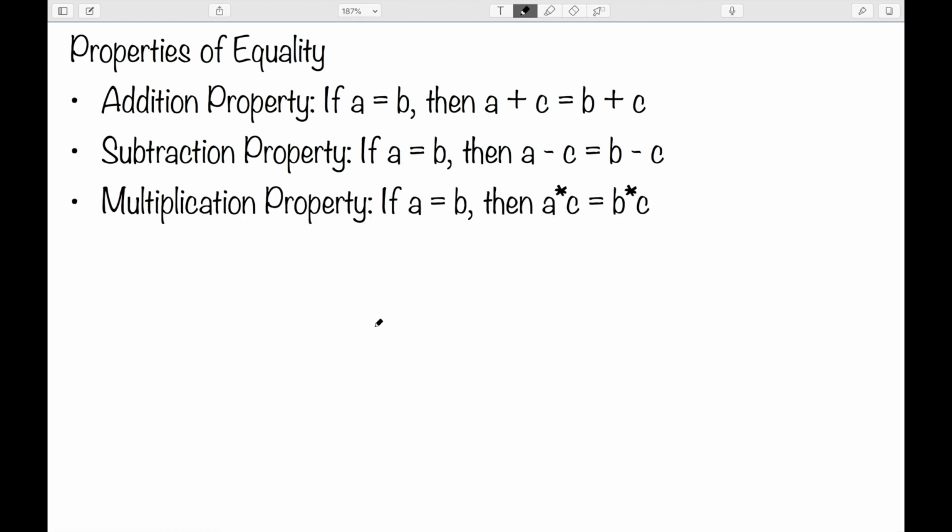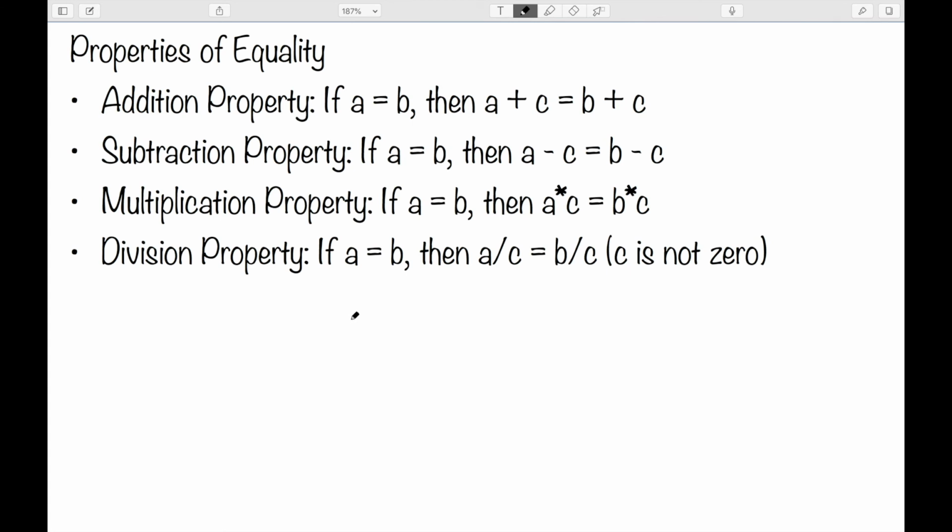The multiplication property, if A is equal to B, then A times C is equal to B times C. So I can multiply both sides of an equation by the same number. If I know I have 2 toys, and I know you have 2 toys, and I know I have 3 bags full of 2 toys, and you have 3 bags with 2 toys, then we would still have the same amount.